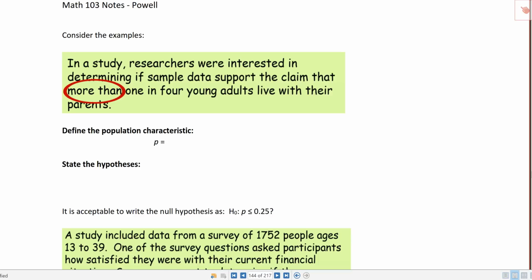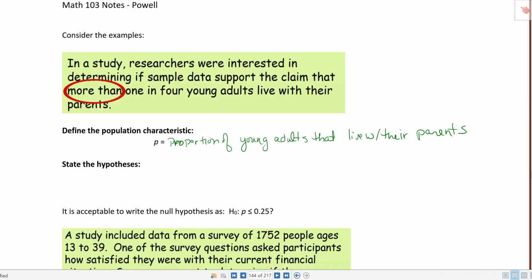So the population characteristic that we're talking about is the proportion of young adults that live with their parents. What would the hypotheses be?